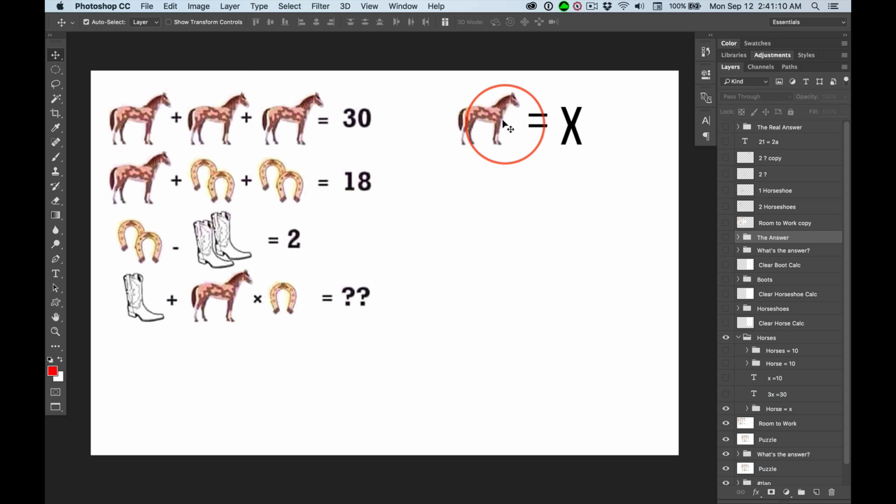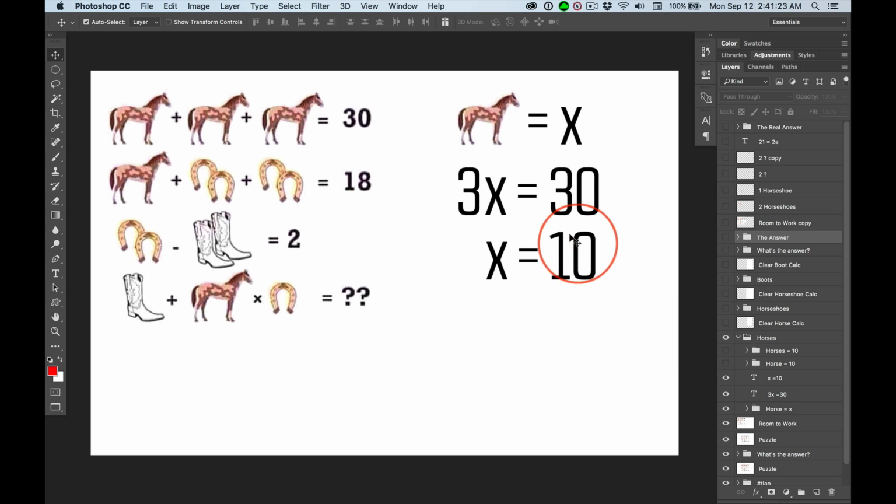So if a horse equals x, and here are our horses, and we have 3 of them, and the answer we know is 30, then we simplify the equation by dividing both sides by 3, and we arrive at 1x, which is just x equals 10.